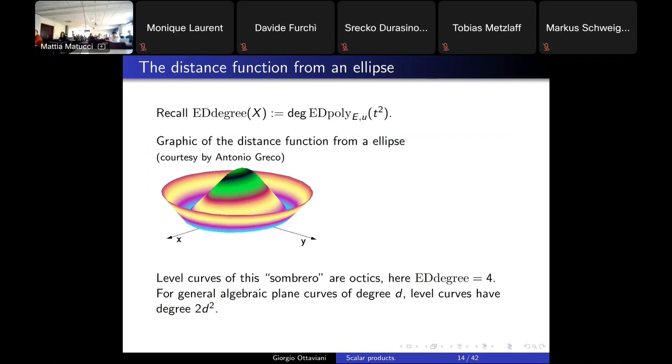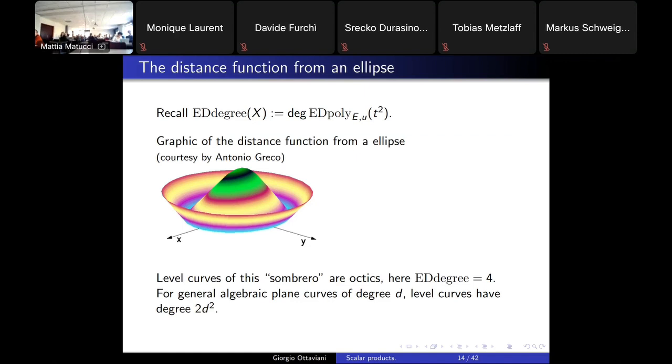And here I show the graph of the distance from an ellipse viewed as a surface over the plane. Now you get a sombrero. This is the maximum distance inside, and then you see it is 0 if and only if the point is on the ellipse, which is hidden somewhere.